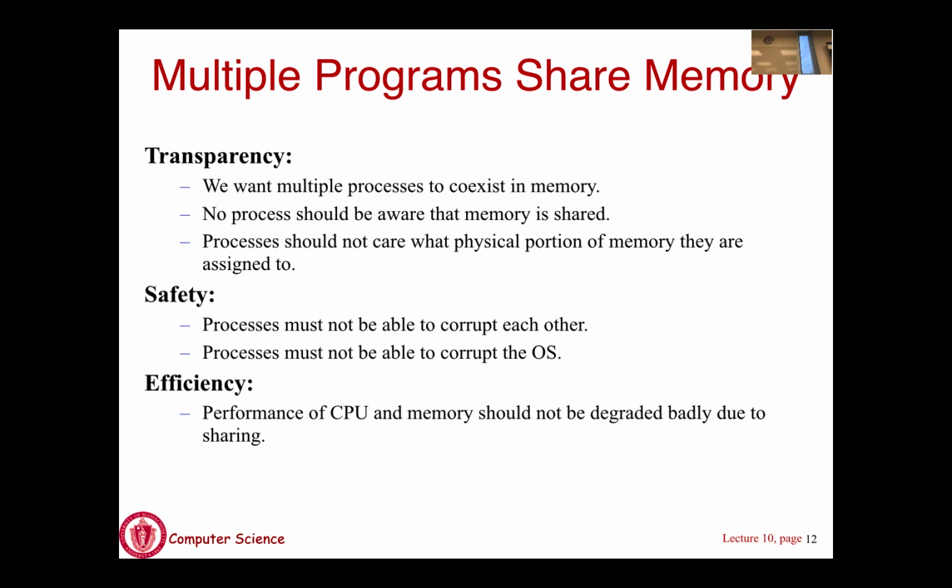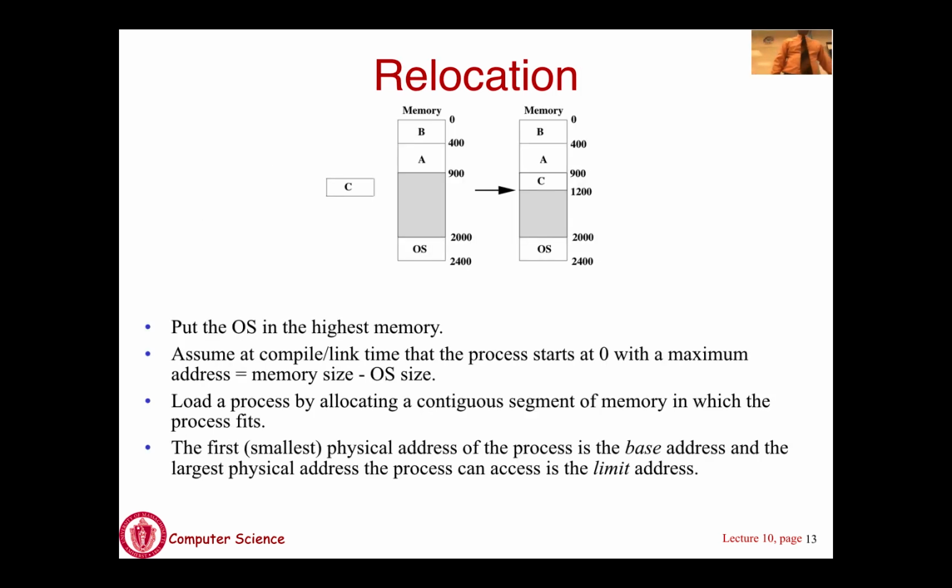So now let's start with the first one, which is relocation. What relocation simply says is you take a process, then allocate it some chunk of memory, which could be arbitrary. Now somehow you have to take its virtual address and translate it to a physical address. What kind of techniques could you use to do this?